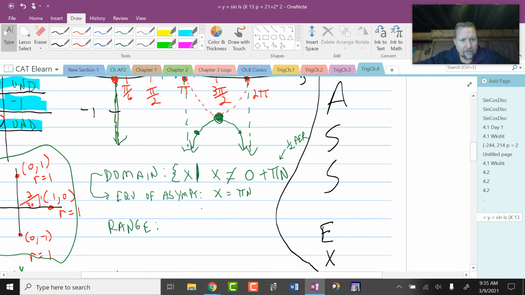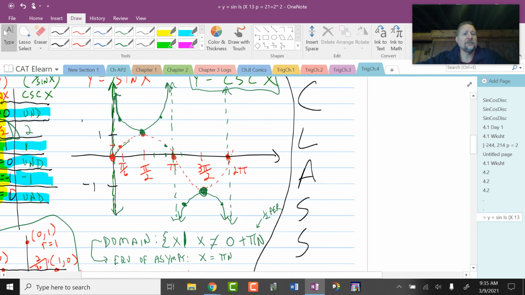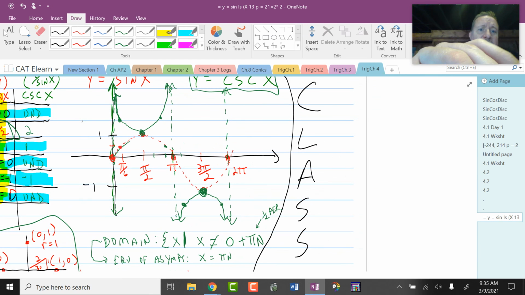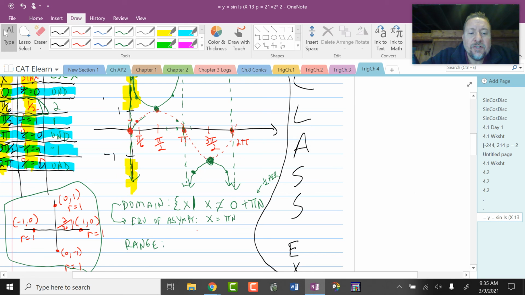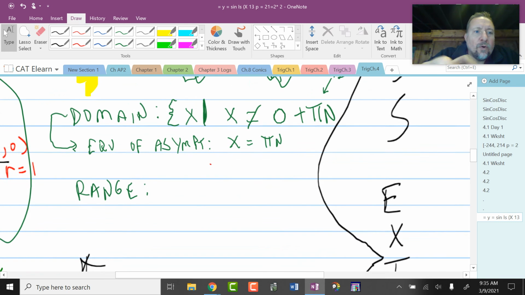And then notice the range difference. I'm not going to spend this much time on cosecant because the ideas are established. These are the y values covered, not in between 1 and -1, right? So the range is completely different for cosecant compared to sine. It is everything but between -1 and 1, still including -1.